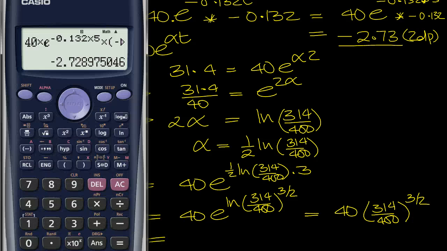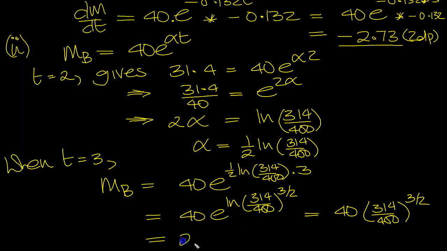So let's tap that in the calculator then. 40 times bracket 314 divided by 400, close bracket, power 3 over 2 or 1.5, 27.82 grams to 2 decimal places.